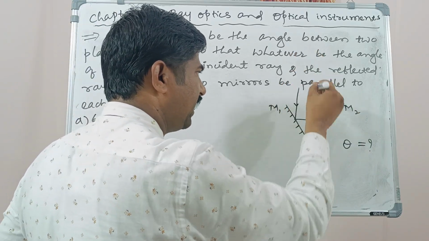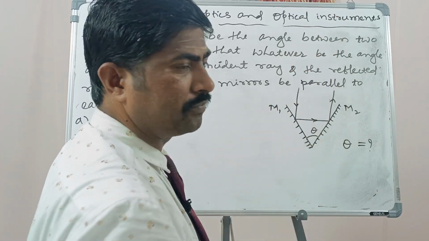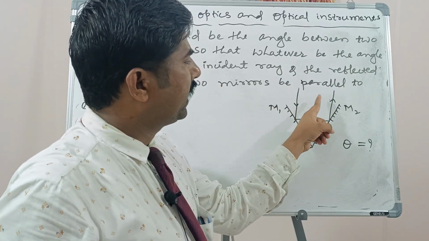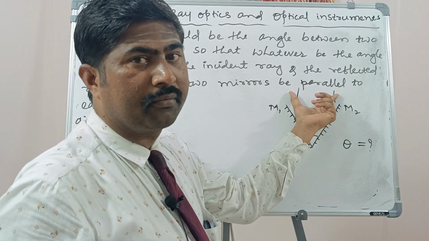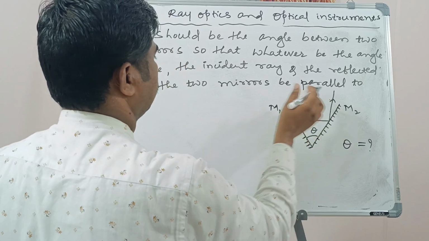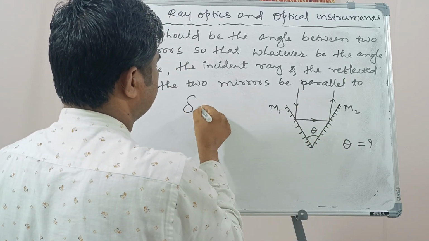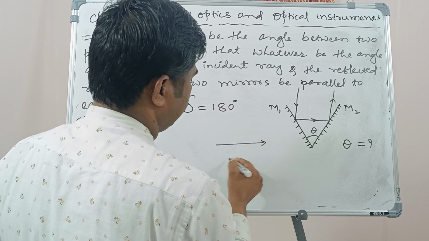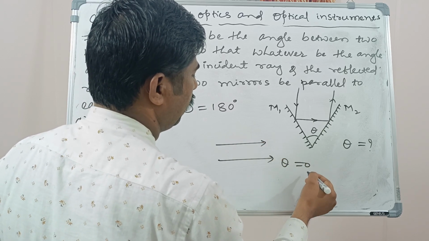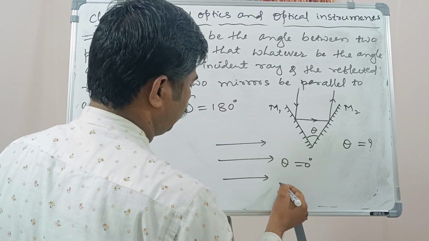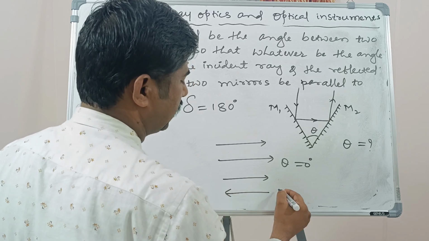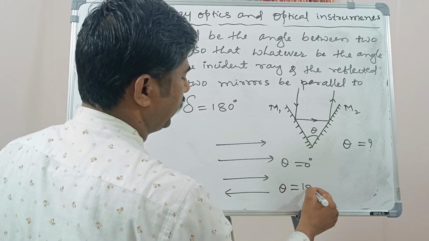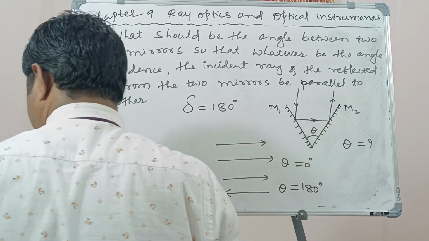This is the incident ray and this is the reflected ray. They are parallel, but their directions are opposite. That means the deviation produced in this case is 180 degrees. So when you are taking the same direction, the deviation will be 0. When one is in one direction and the other is in the opposite direction, it will be 180 degrees.